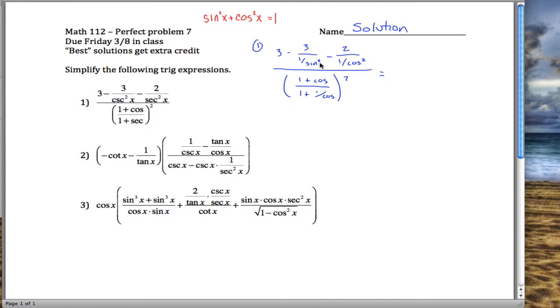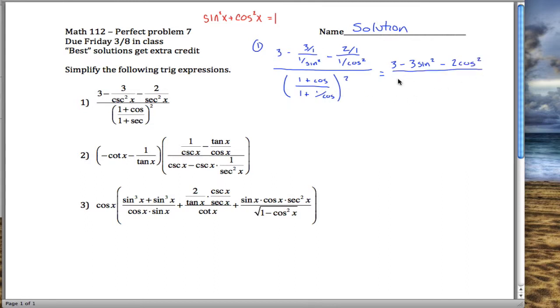Let's see, I could do a few things. Up top, if you think about this as 3 over 1 and 2 over 1, then I got a fraction over a fraction. And the way you divide fractions is kind of like multiplying, but you multiply by the reciprocal of the denominator. If you multiply by the reciprocal of the denominator here, you'll get 3 sine squared minus, and then over here you'll get 2 cosine squared.